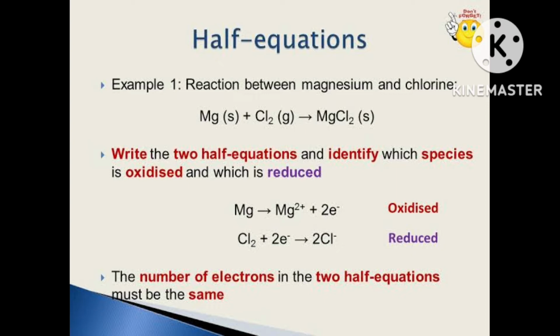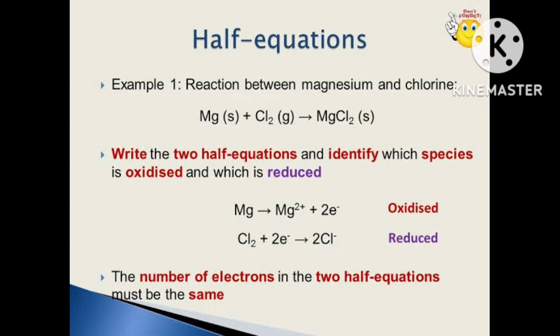The reverse is the oxidizing agent, which takes the electron, and the process is reduction. Just keep the reverse in mind. Reduction means that someone is taking electron, and that is the oxidizing agent.